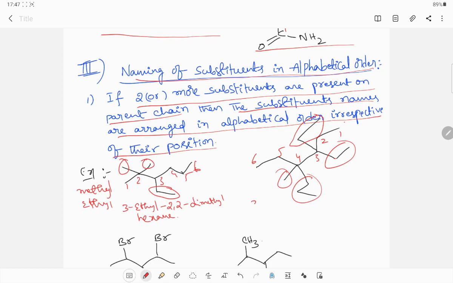Ethyl comes first, 3,3-diethyl, and then methyl and propyl. Which one comes first? M comes first according to alphabetical order. 4-methyl and 4-propyl, hexane. This is the name.